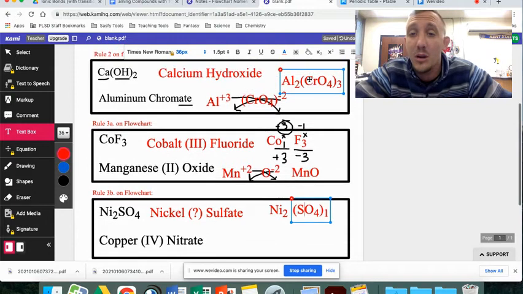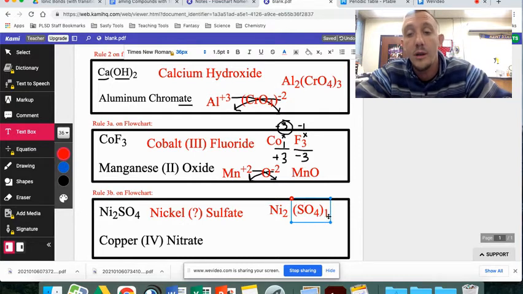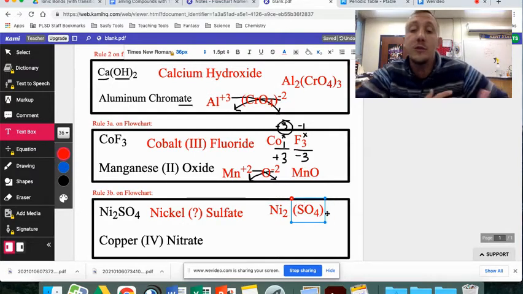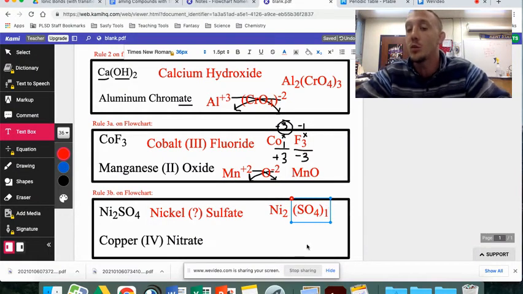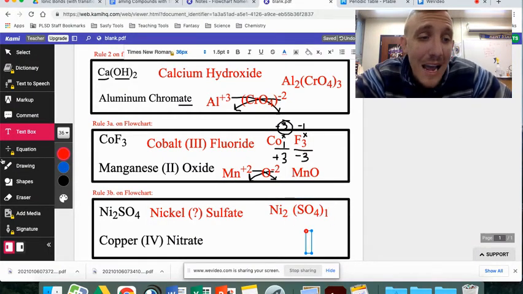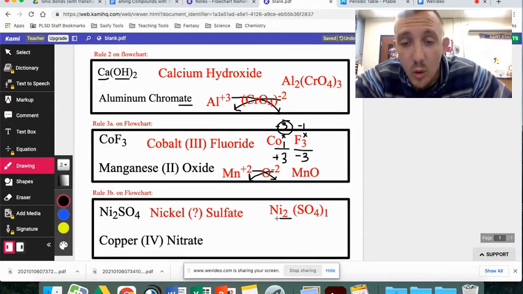If you look up here, I would have 3 chromates because there's a 3 outside those parentheses. You have 1 if you don't have a number outside those parentheses, because we don't have to write the 1. Now, I have to figure out my total positive charge and my total negative charge. I'm always going to know my negative charge.